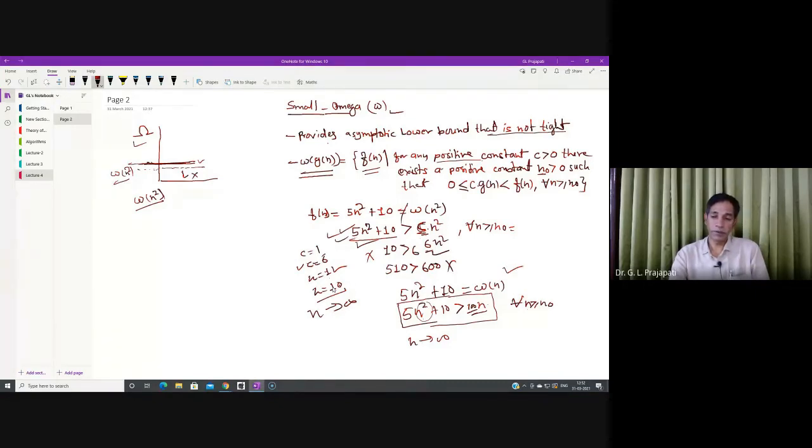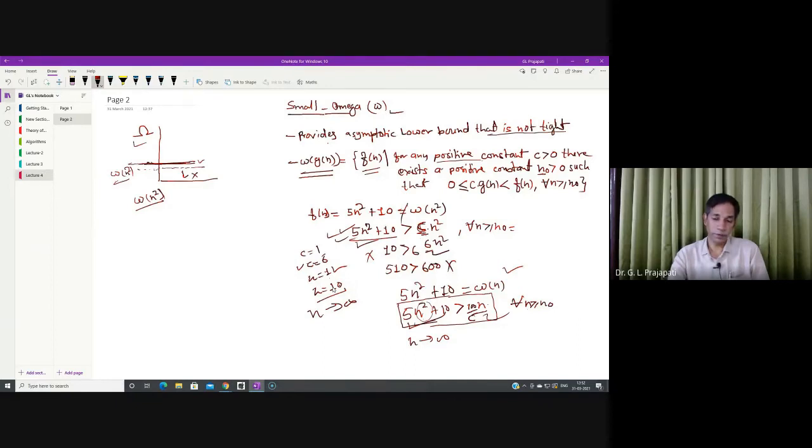And c is a constant, and constants are constant. So whatever constant you take, may be sufficiently large, there is no issue. There must be some value of n0 for which you can say that this is higher than this. After that, this will be more than this.